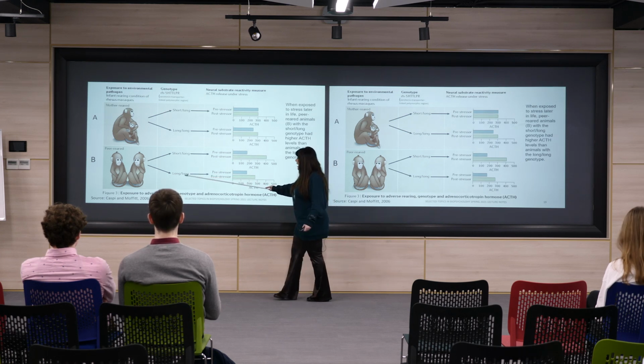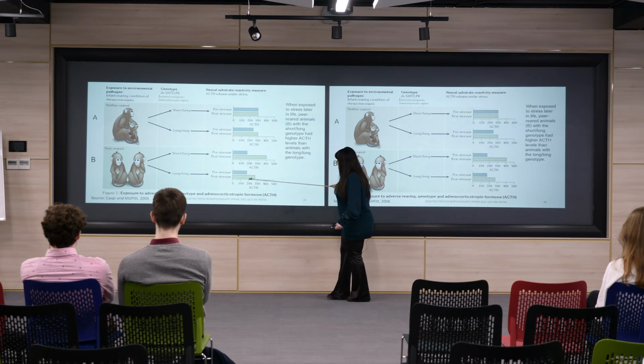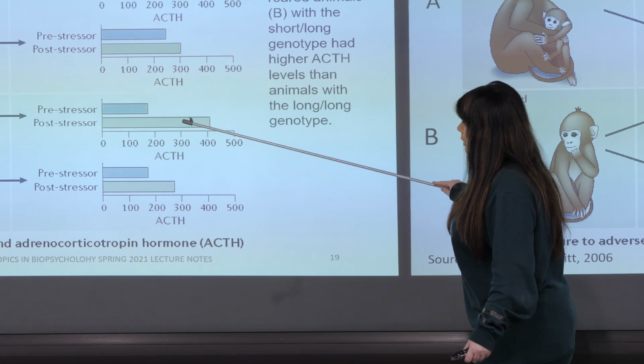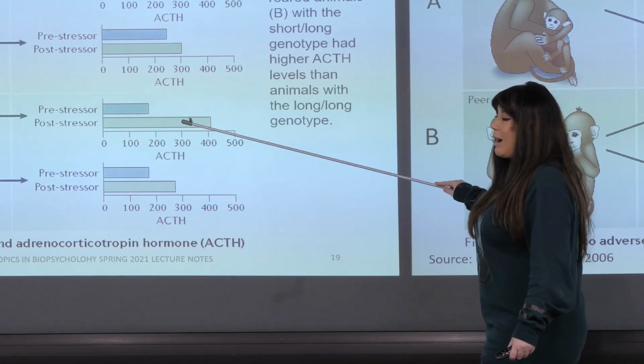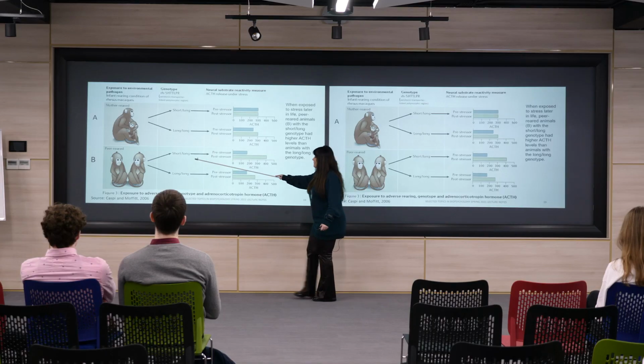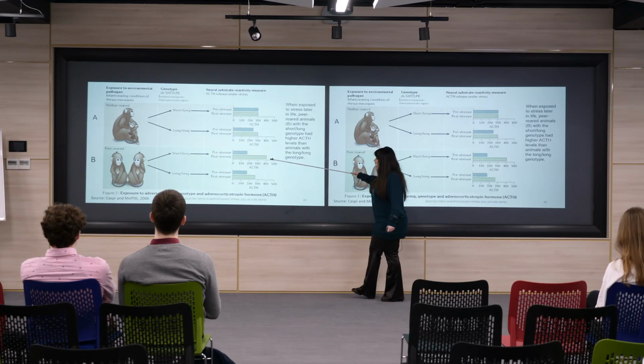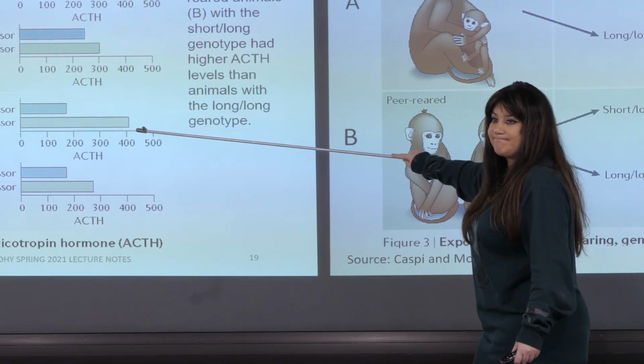And if they have less serotonin here, look at their stress response compared to this one. The one who has more serotonin, which is associated with this genotype, actually shows a higher stress response.